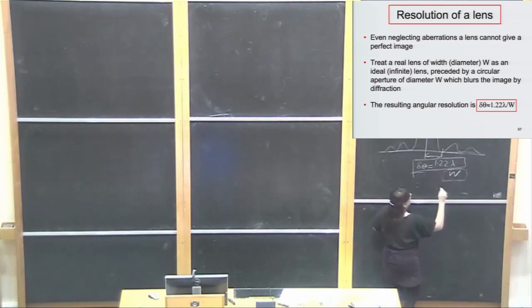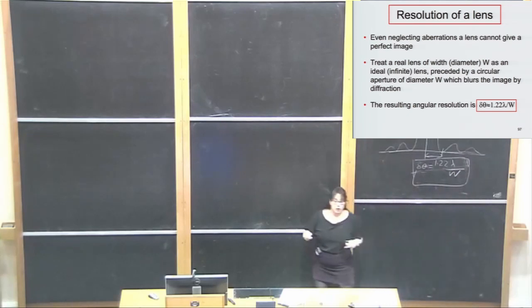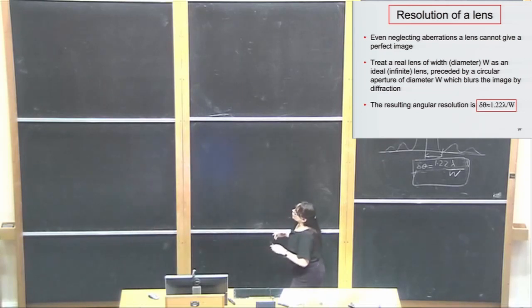So a lens of diameter w gives you exactly the same diffraction pattern as an aperture with the same shape and size. Right, so that's where we were.